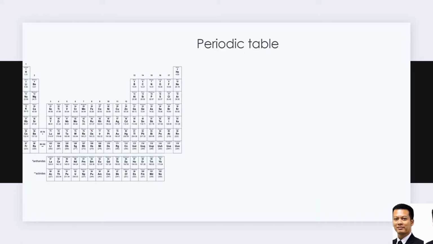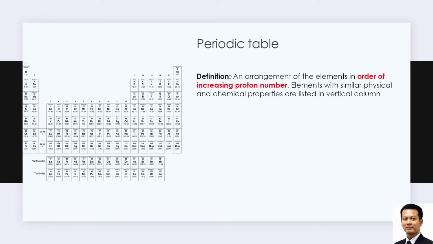So let's see the periodic table. What is the periodic table? An arrangement of elements in order of increasing proton number. The elements here are arranged by increasing proton number from top to bottom and from left to right.